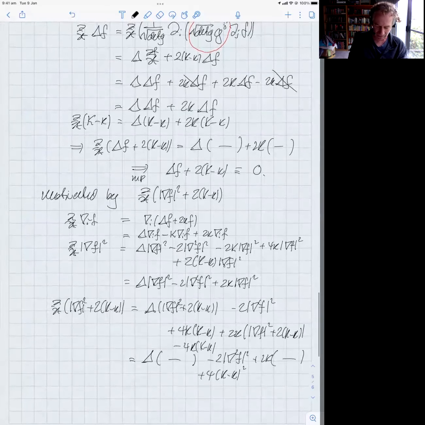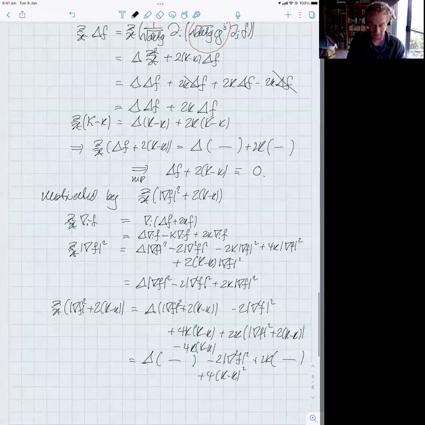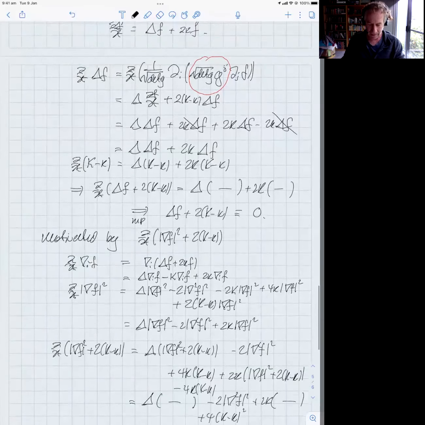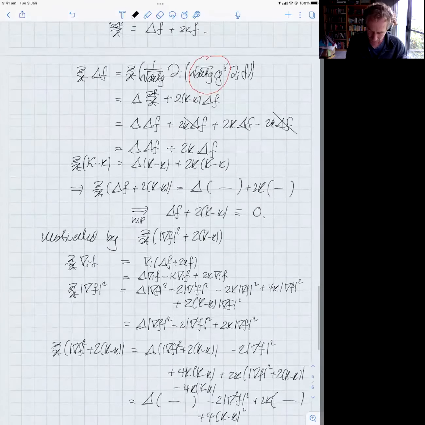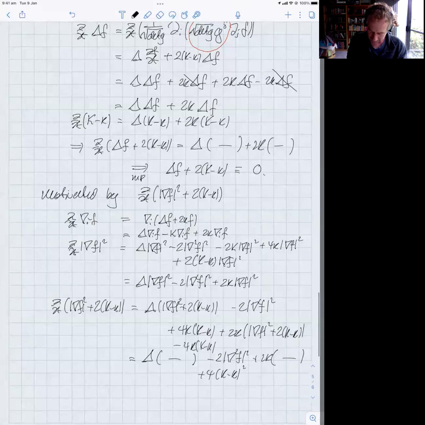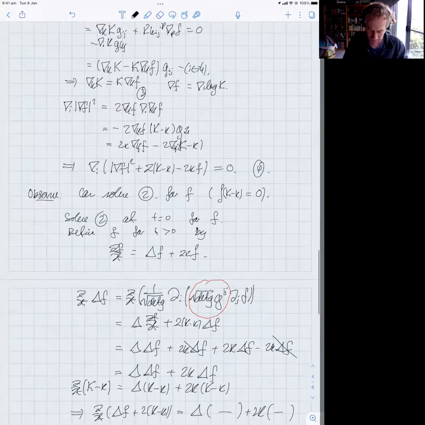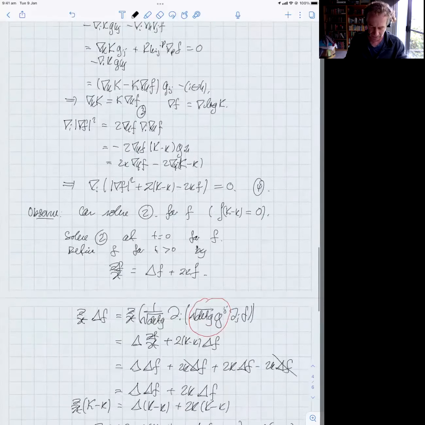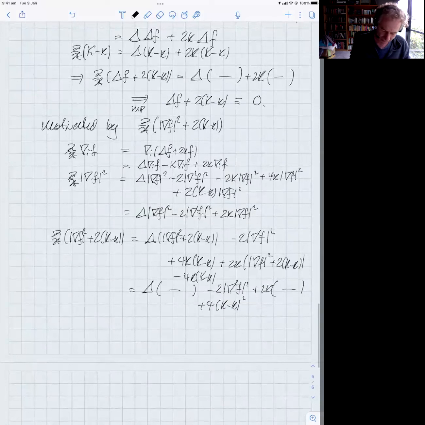So in the case of a soliton, we know that the quantity we're looking at satisfies a simple equation, has to be essentially constant. And we know that the Hessian term might not be constant, but it is part of this thing which defines the soliton. Okay, so I'm going to rewrite that using nabla i nabla j f plus (k minus kappa) g_ij, right?